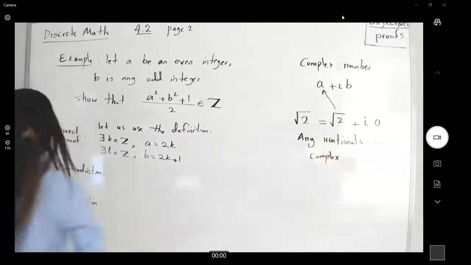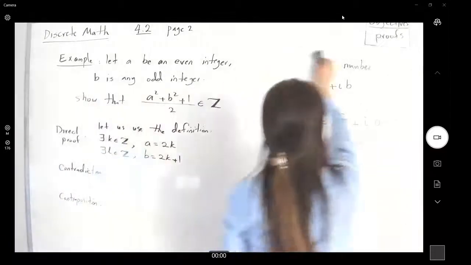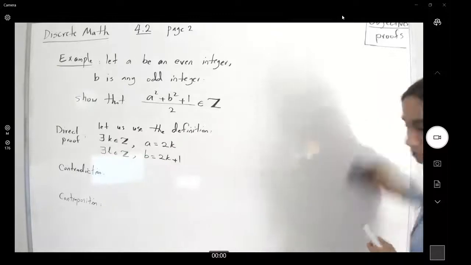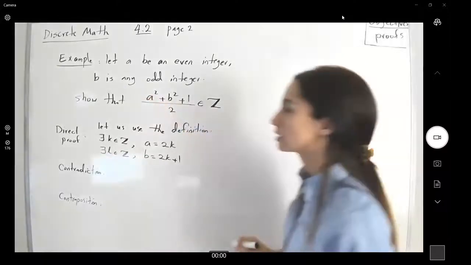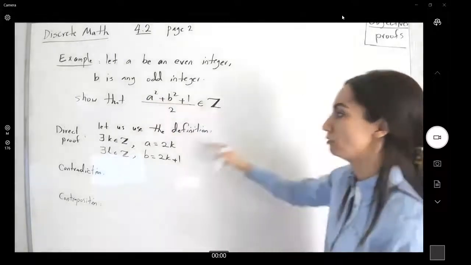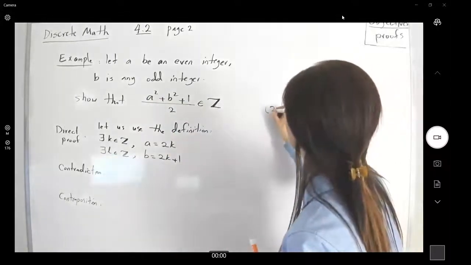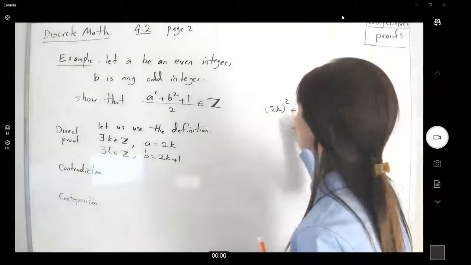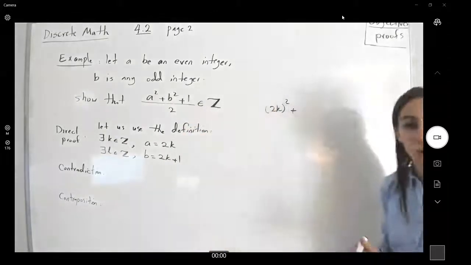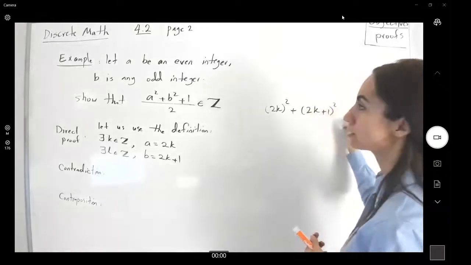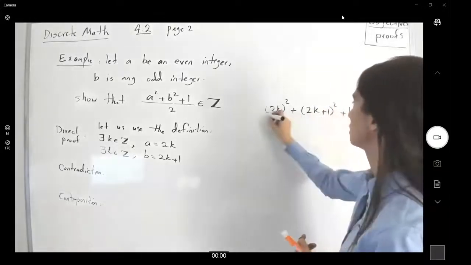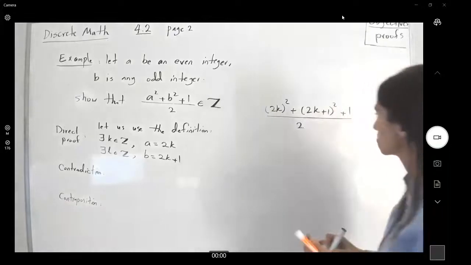Let's do a little bit of algebra. On the numerator I have A squared, so I'm going to square 2K. Then B is also squared. I have (2L plus 1) squared plus 1, divided by 2.